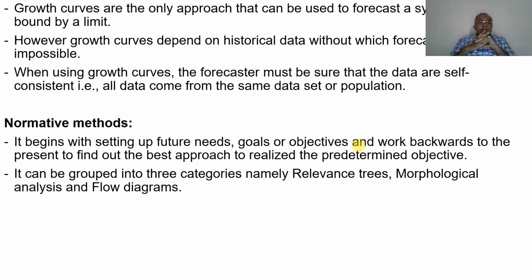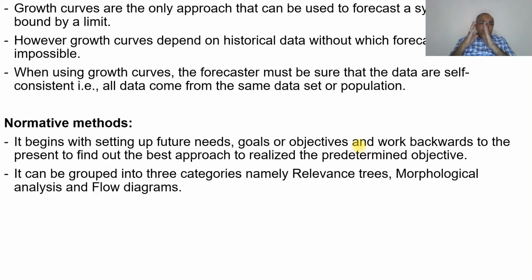Then comes the normative methods. It begins with setting up future needs, goals, or objectives, and works backwards to the present to find out the best approach to realize the predetermined objective.